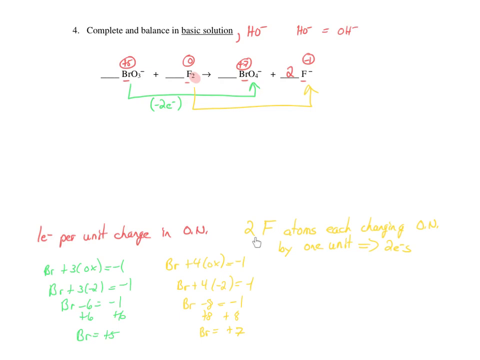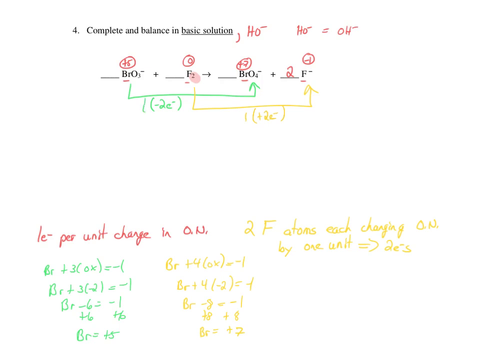We see that we have 2 fluorine atoms, and each one is being reduced from 0 to -1. So each fluorine atom is accepting 1 electron, and we have, therefore, a total of 2 electrons that are being gained. So happy day. Already the number of electrons lost is equal to the number of electrons gained.